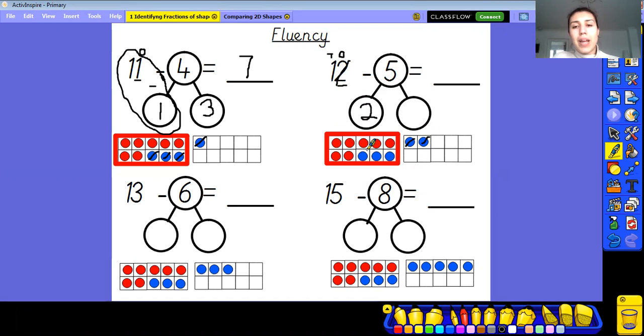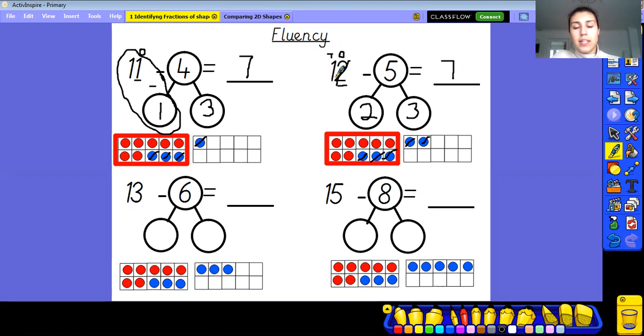And then how many more ones do I need to take away to make sure that I've subtracted the whole of this 5? Well, you can see that I need to take away 3 more. And again, if you know your number bonds to 10, you should know that 10 take away 3 leaves you with 7.